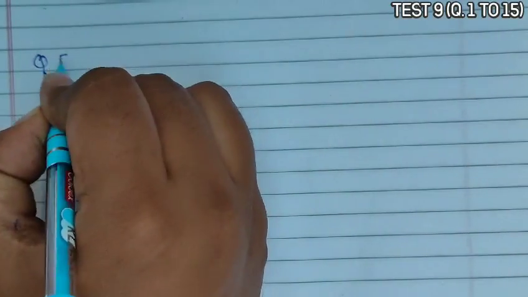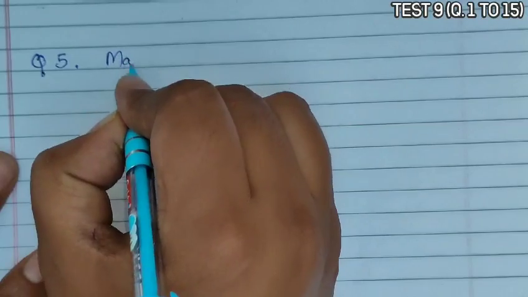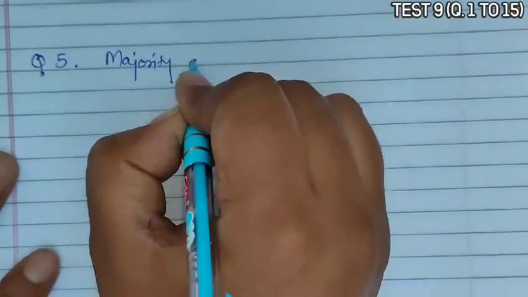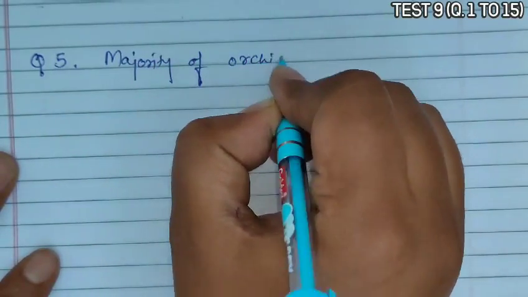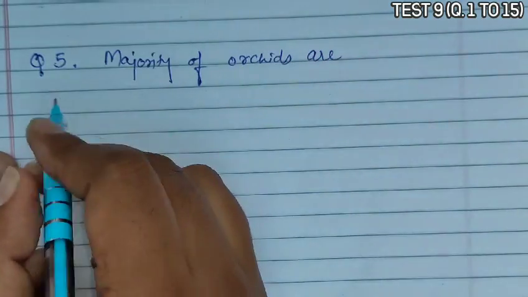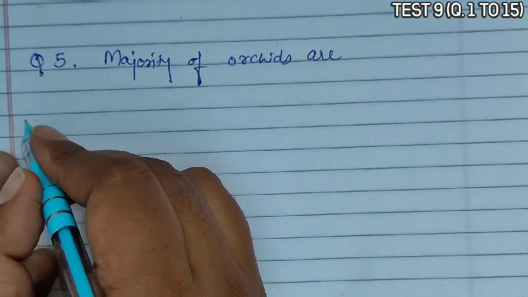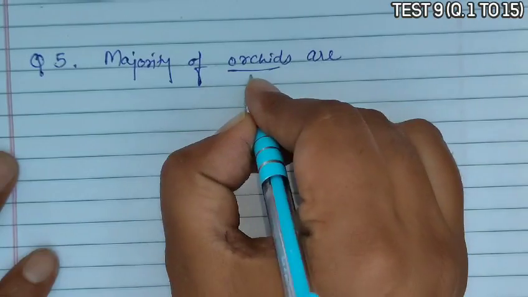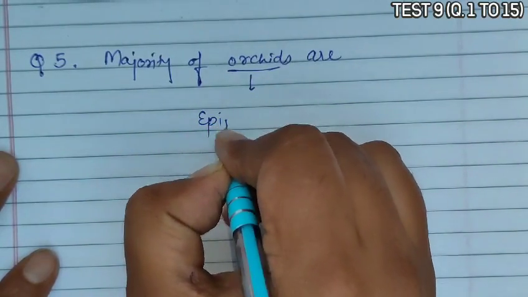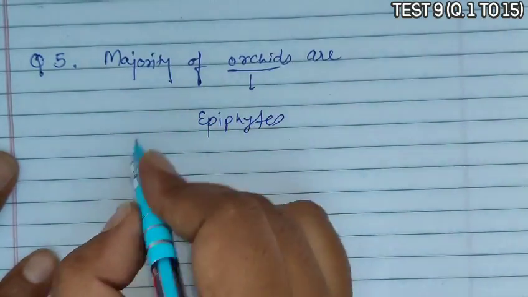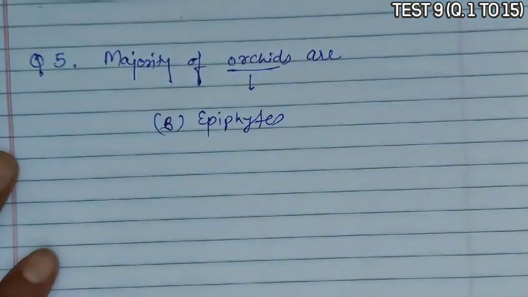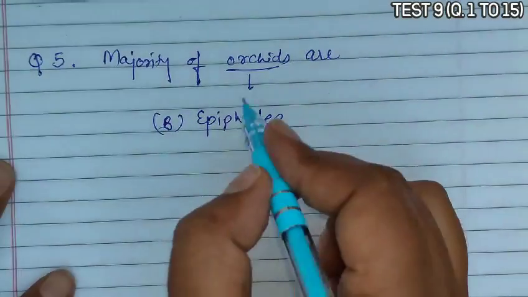Next is question 5. Question 5 asks that majority of orchids are. Now orchids are an example of epiphytes, and epiphytes are given in option B. Now we should understand what we mean by epiphytes.